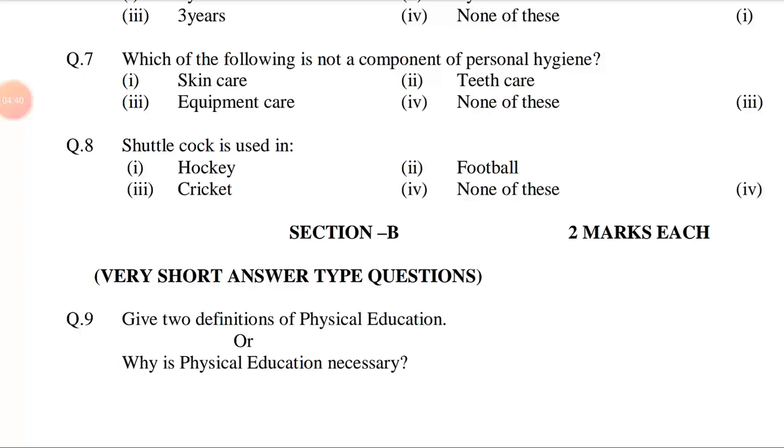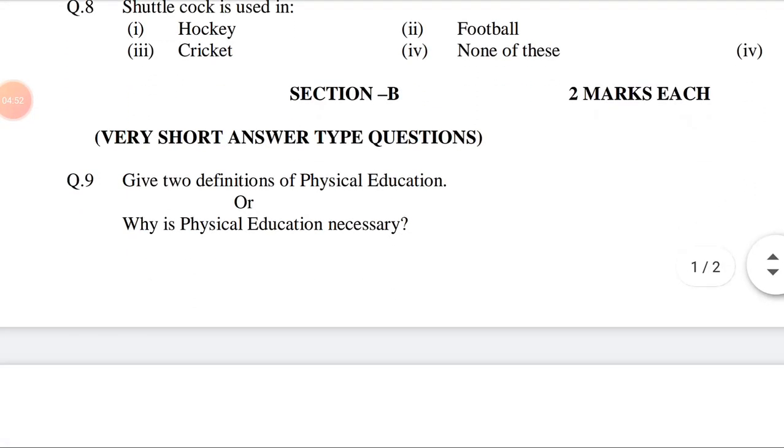Why is physical education necessary? This question is also related to chapter number 1, concept of physical education. Necessary means needed, requisite, essential.